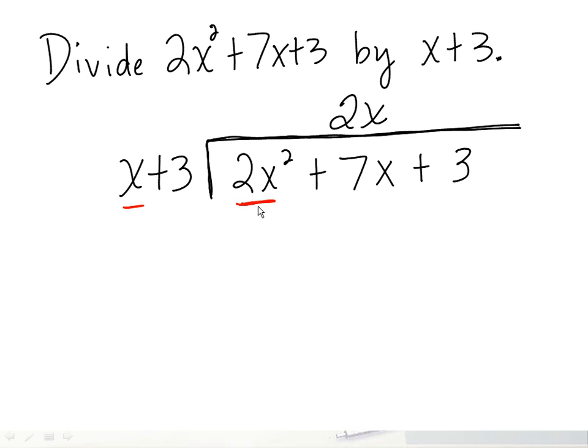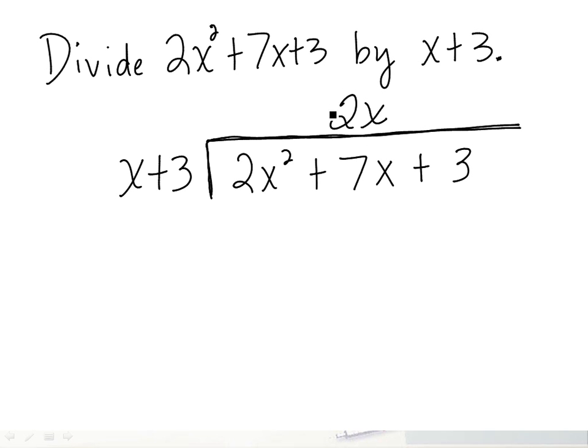Alright, what to do next? Just like in regular division, you will multiply what you just put up in the top, in the quotient, times your divisor. So you're not only going to multiply 2x times x, but you're going to multiply 2x times all of this, x plus 3.